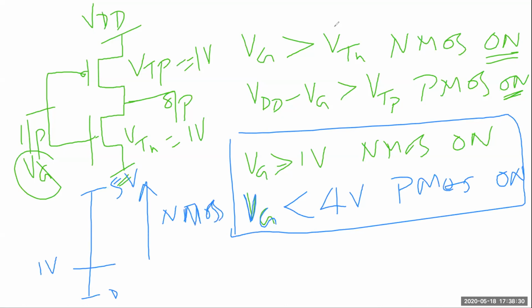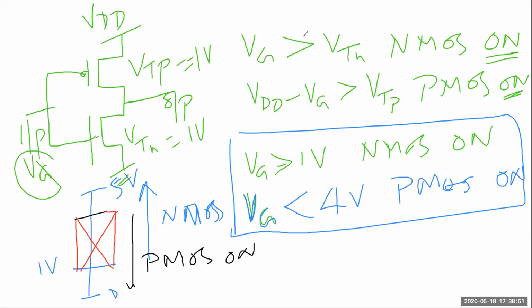And if I choose another one, below this my PMOS is on. Because of this, in this particular portion, NMOS and PMOS both are on.